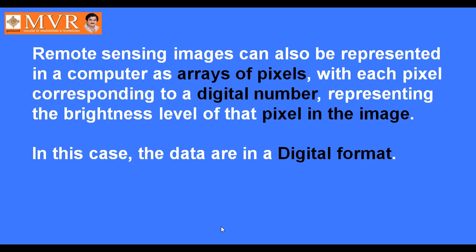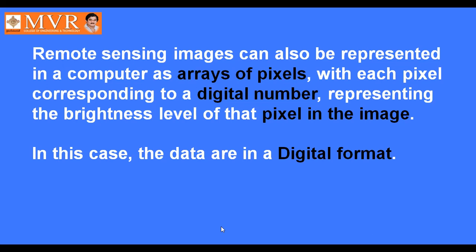So a remote sensing image always represents an array of pixels. Each pixel has a number, which is the digital number. Each digital number represents the brightness value. Each brightness value gives the energy of that target pixel.